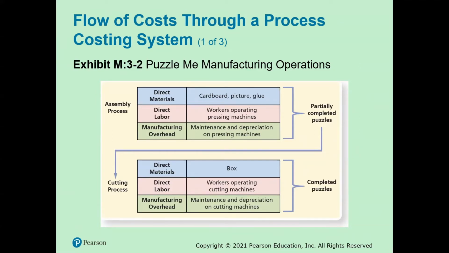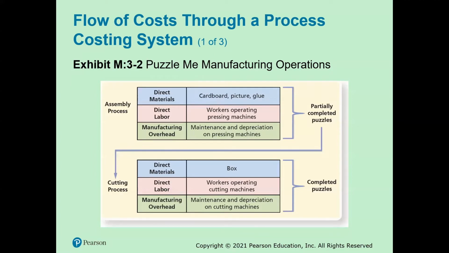Now, the assembly department applies the glue to the cardboard and then presses a picture onto the cardboard. The cutting department cuts the cardboard into puzzle pieces and packages the puzzles in a box. The box is then moved to the finished goods storage.